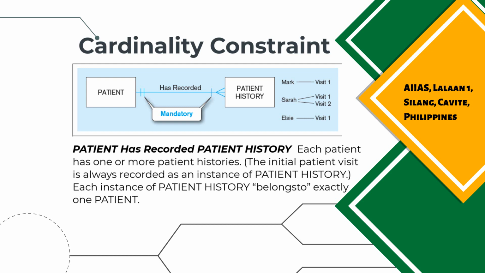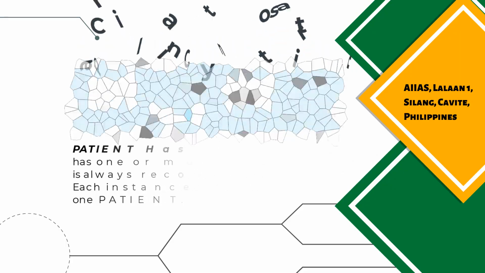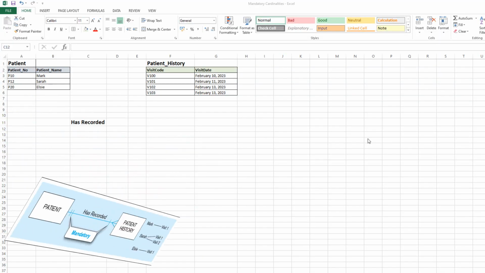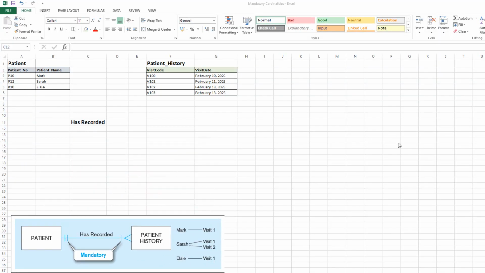So let us create a data model of this business rule. Actually, it is already in existence right here, the diagram. This figure is a representation of the business rule stated. Let me open up an Excel sheet so that I can better explain this concept.